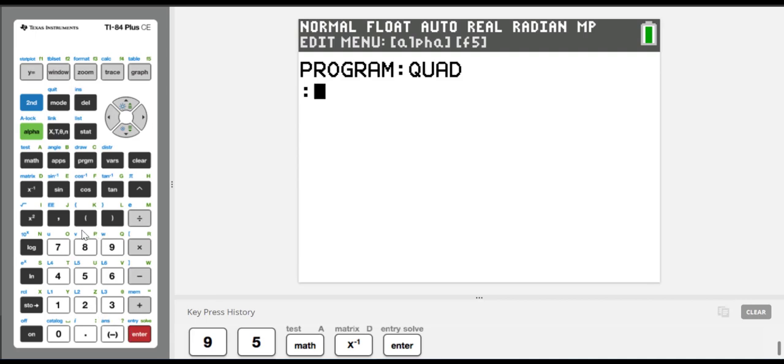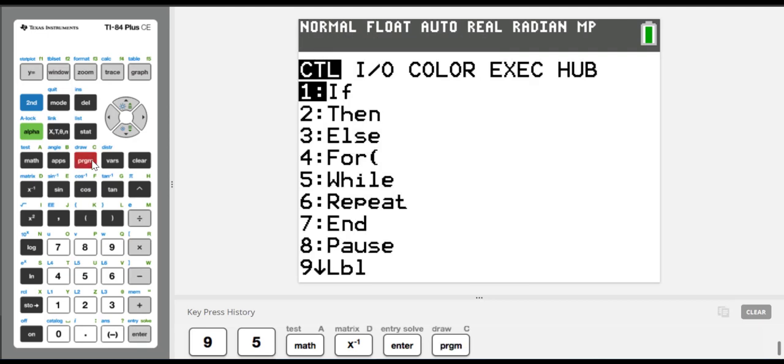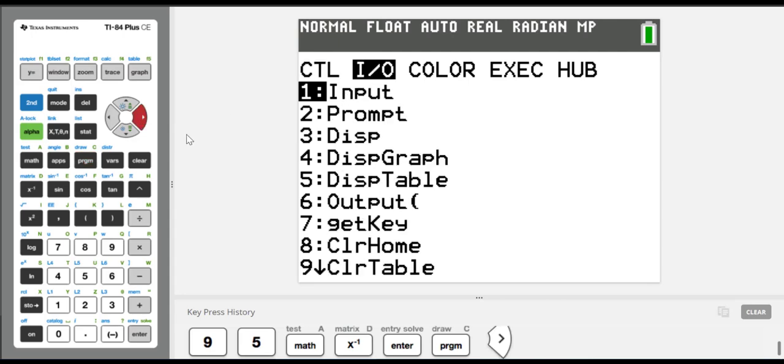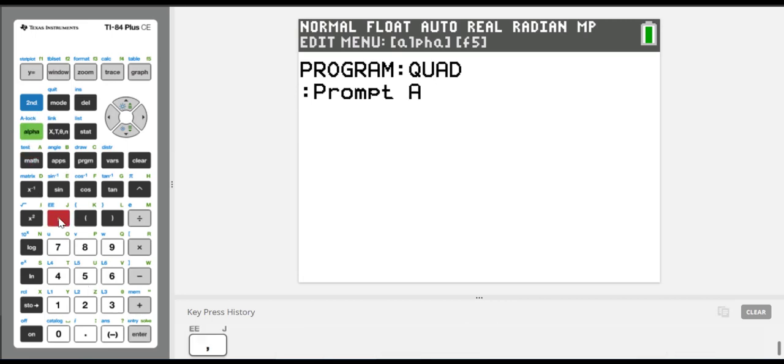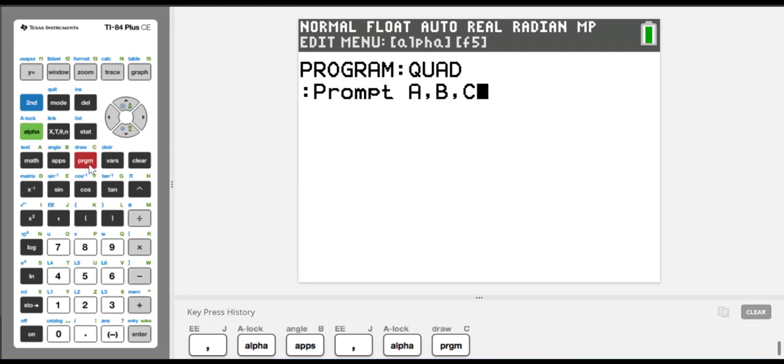Well, we need to go back to program here. We need to input, so I'm going to go to input output. I want to prompt. And what do I want to prompt? I want A. So alpha A, comma, alpha B, comma, alpha C. So now I'm going to prompt for A, B, and C in the quadratic equation.